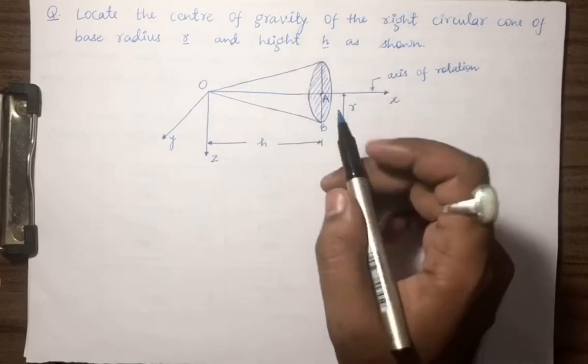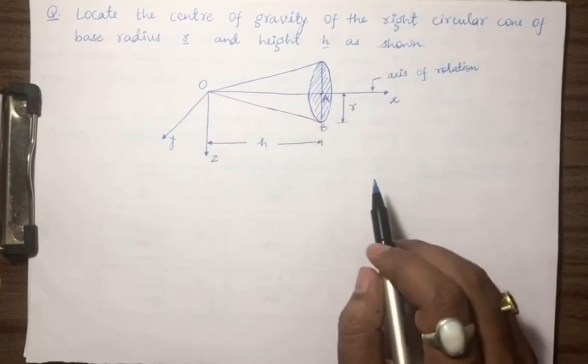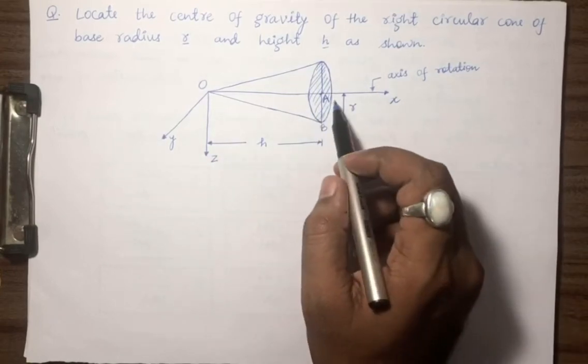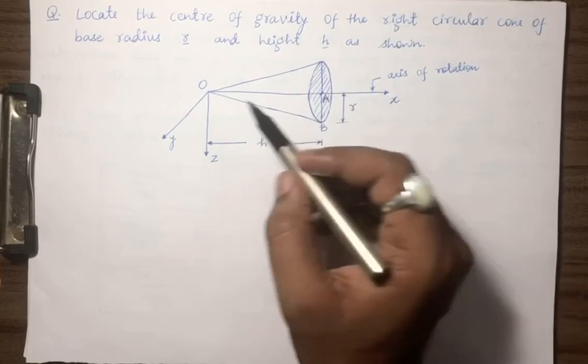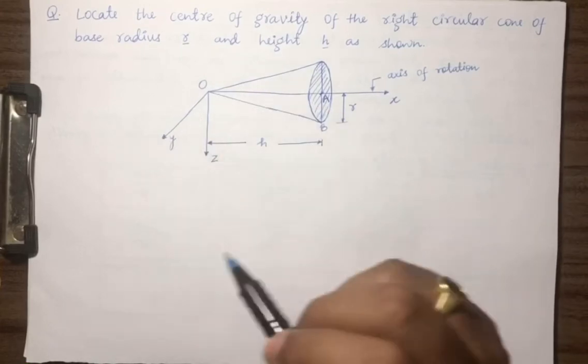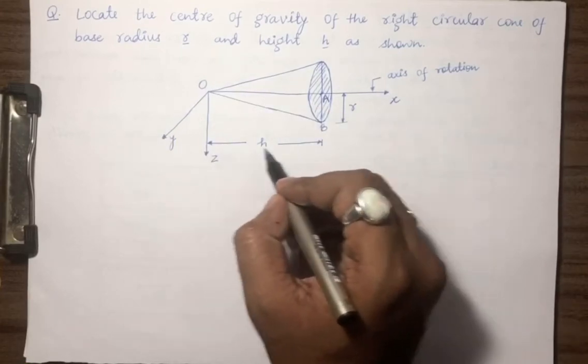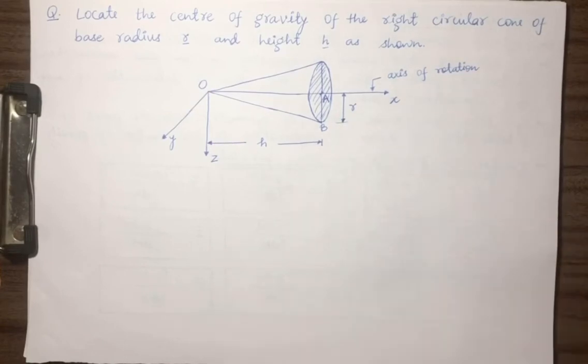The diagram is given in the question. The cone is laid like this. This is the x-axis, this is the y-axis and this is the z-axis. This height is given as h and this base radius is given as r.